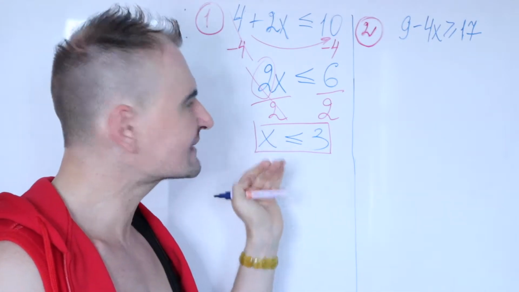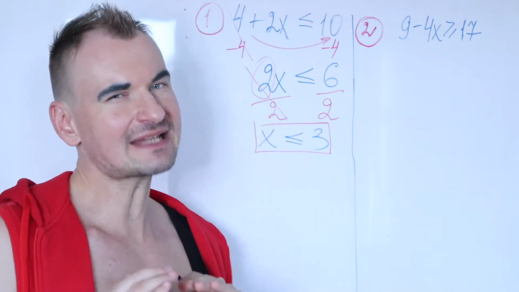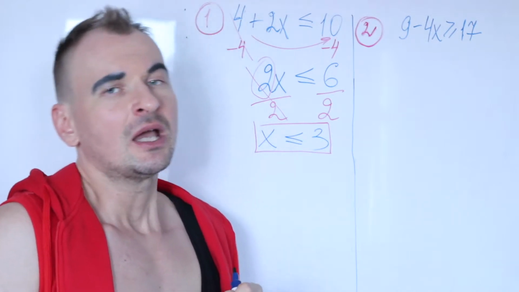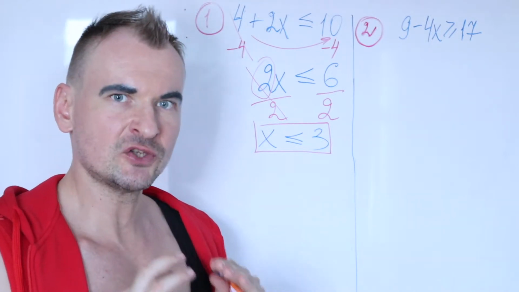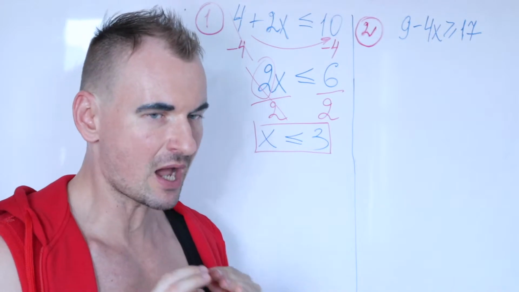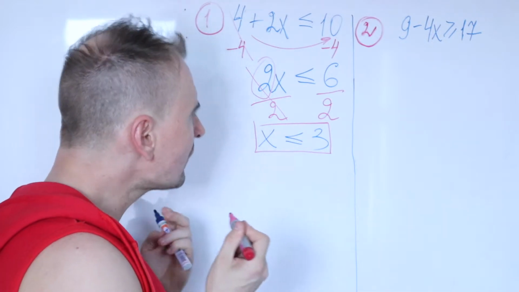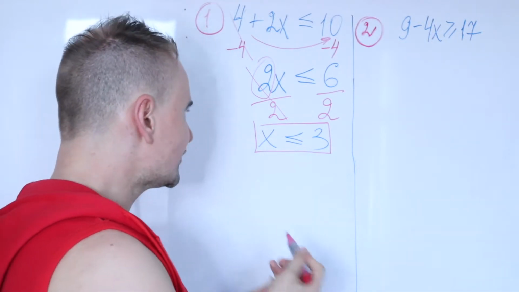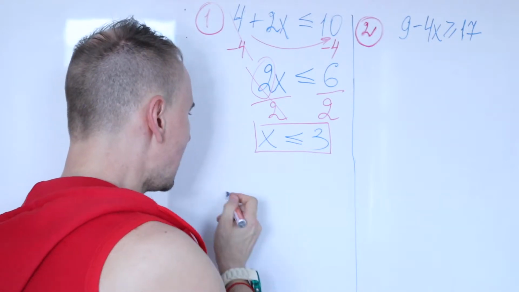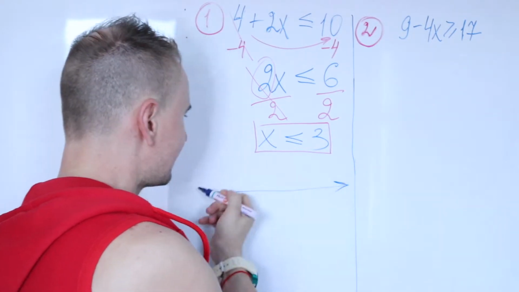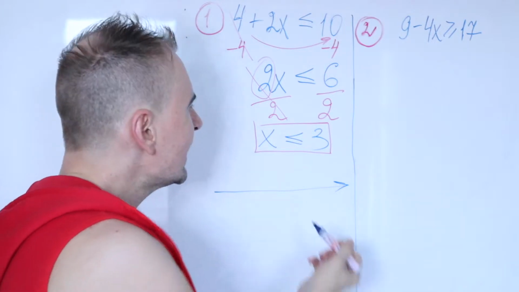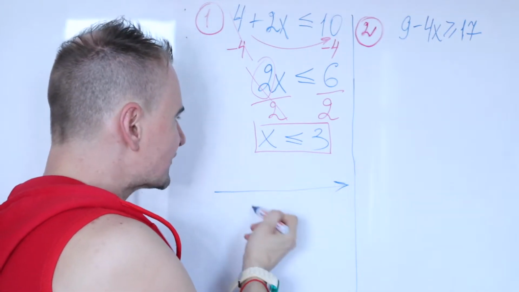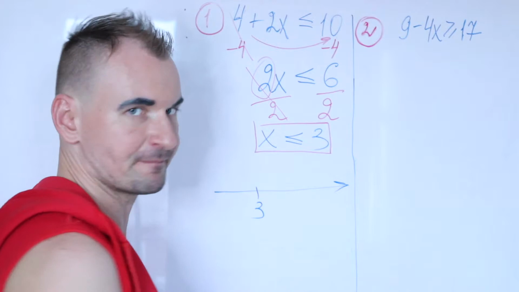Now, this is your answer, and technically we are done. But sometimes you are asked to represent your solution set on a number line. All you need to do is draw a number line, a straight line with an arrow, sometimes 2 arrows on both sides, and place the number 3 somewhere.